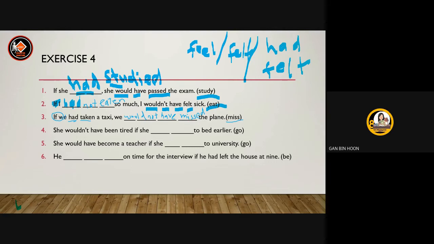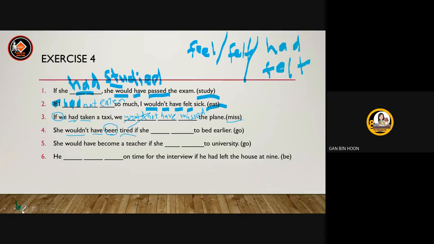She wouldn't have been tired. Okay, teacher, ini ayat apa? Ini adalah ayat utama. She would not have been tired. Okay, nampak tak been ni? Okay, been ini menunjukkan asal dia adalah be just now. Have been, had been, okay? Teacher, kenapa ada been?